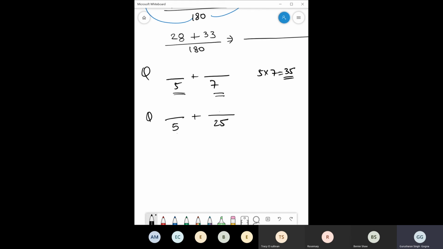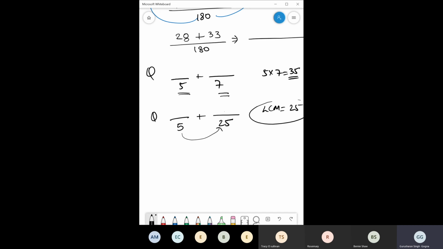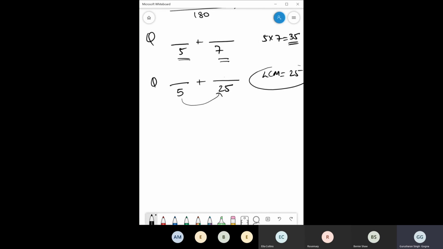So 5 and 25, you know that 5 is a factor of 25. So straight away you can choose the bigger number as your LCM without doing anything. Okay. So that is the idea of solving the fraction. Now it's the same thing in case of addition or subtraction, because you have to follow the same process, just change the sign. Instead of plus, you have to use minus sign.